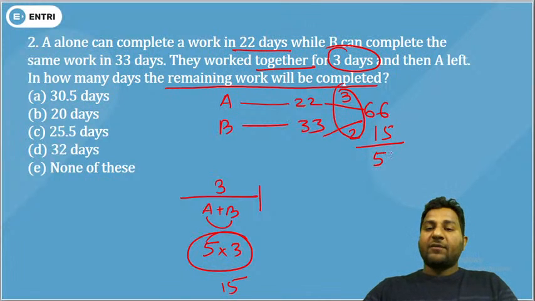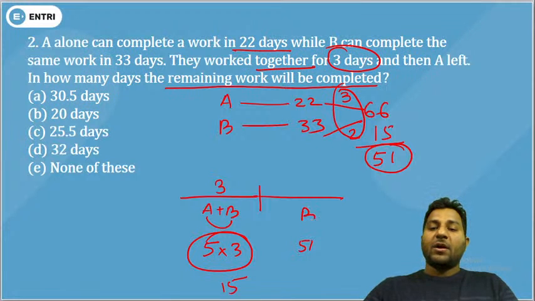That means they are left with only 51 work, and this 51 work must be done by B because A left after 3 days.